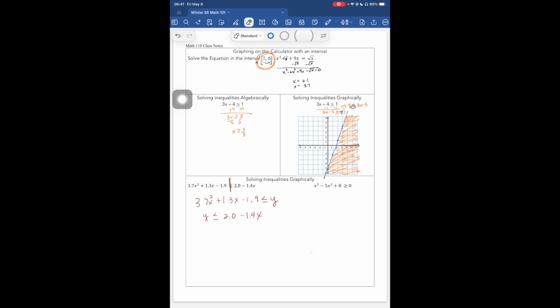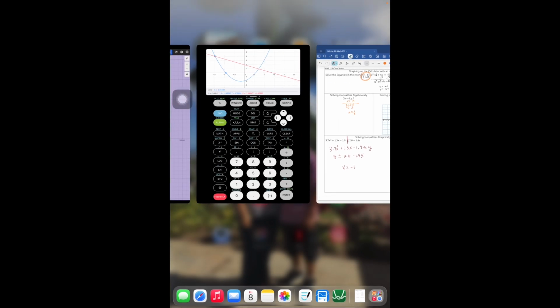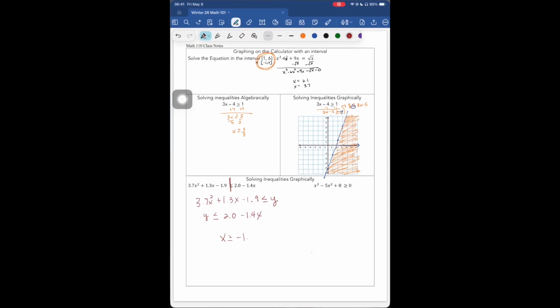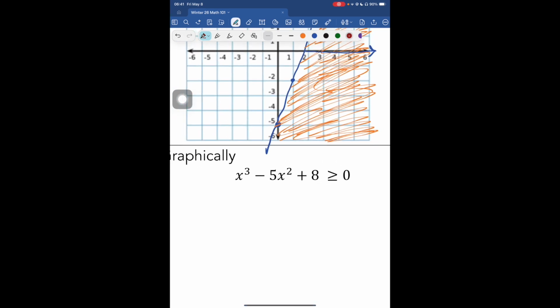X is greater or equal to negative 1.4, and x is less than 0.7.